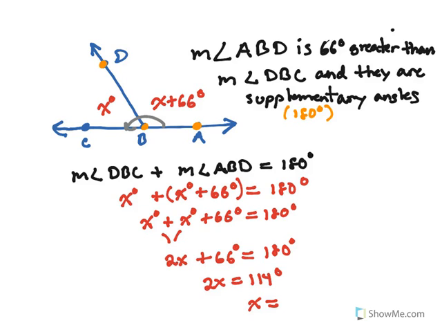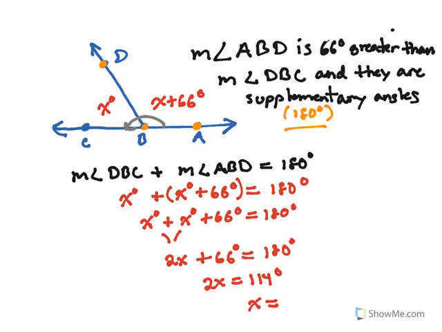I labeled angle DBC as X because I have no idea what it is, but the other angle is 66 degrees more than that, so we take the unknown angle, add 66 degrees, and that's how I would label that angle. It's also telling me that these two angles are supplementary, which means that they add up to 180 degrees.